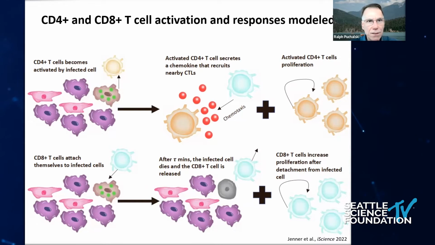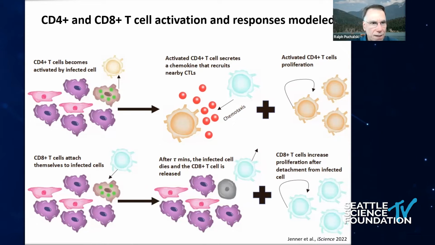And this goes on so that the activated CD4 T cell secretes a chemokine that then recruits the neighboring CTLs, or the CD8 positive T cells, in this chemokine gradient. And then the activated CD4 T cells proliferate.